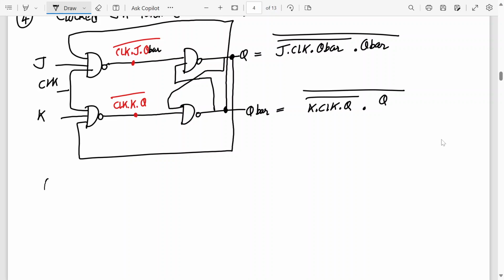So we'll open it by De Morgan's theorem. The first part we can split up using De Morgan's. How can we write a dot b dot c, the whole bar, using De Morgan's? Can we write it as a bar plus b bar plus c bar? You can write it like this.